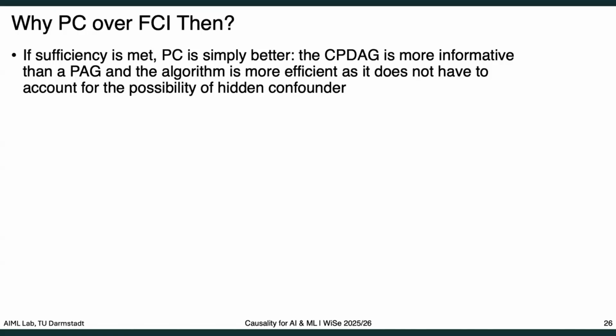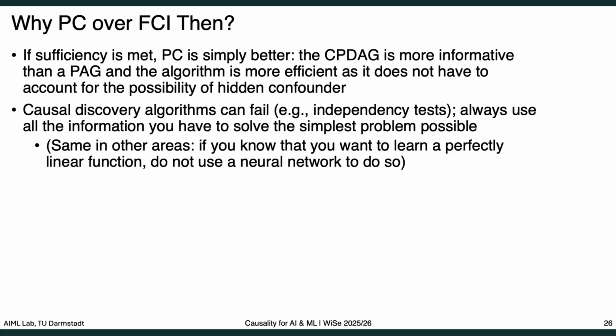We don't need to consider all of these possible unobserved confounders, and we can do rule direction much more efficiently. And since causal discovery algorithms can fail for other reasons as well, independence tests, whatever, you always want to go with a scenario where you can provide the most information, be it by assumptions or anything else, so that you can solve the simplest problem possible.